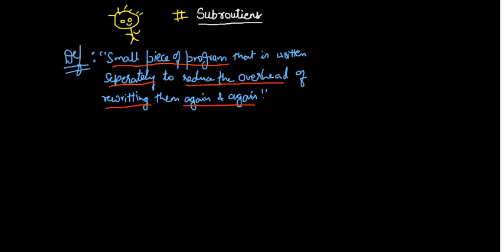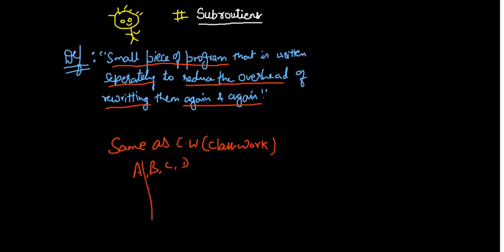Like, how many of you have done this kind of homework in your junior schools or junior classes, same as CW? Well, CW means classwork. What work we used to get is generally to write A, B, C, D in one page, one page, one page.